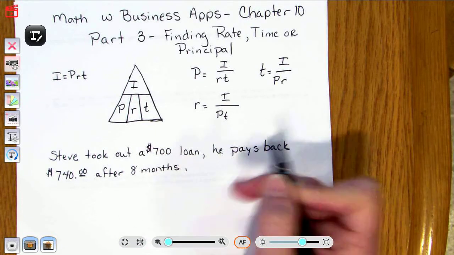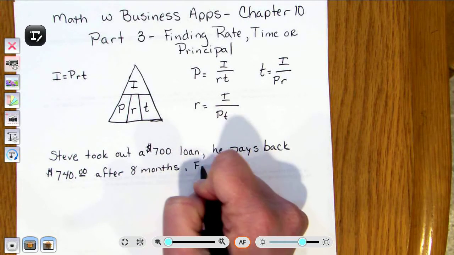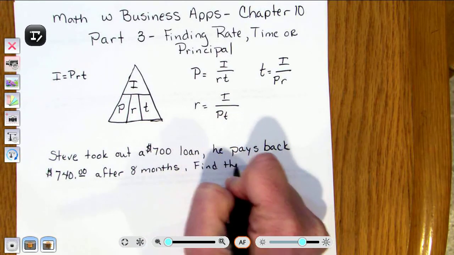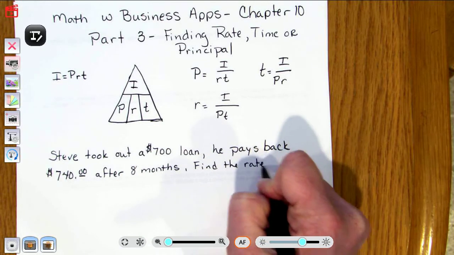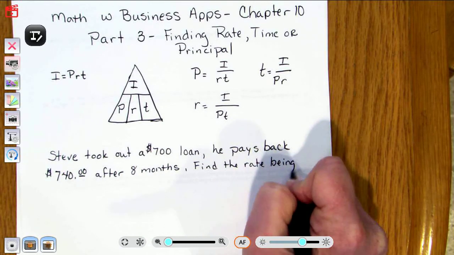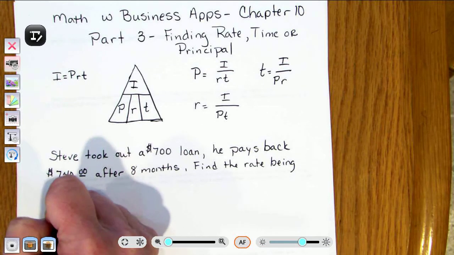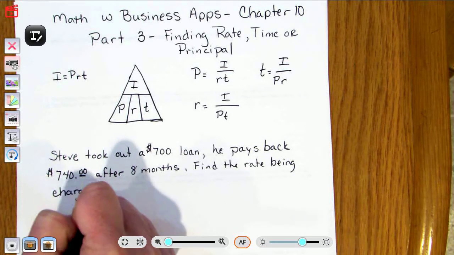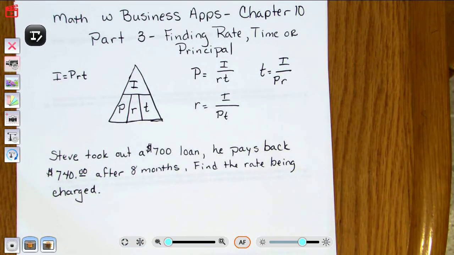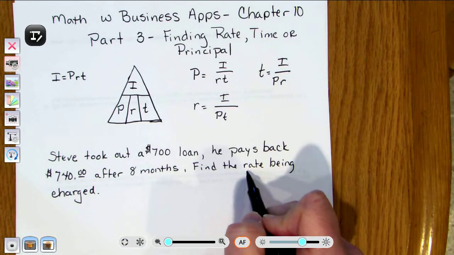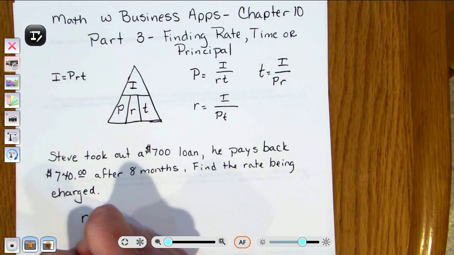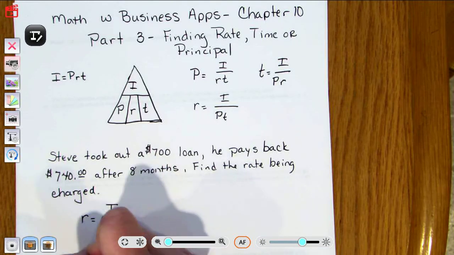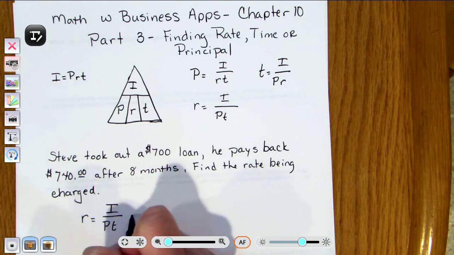And what we want to find is the rate being charged. Okay, so in this case we are looking for our rate. So rate is equal to I over PT.